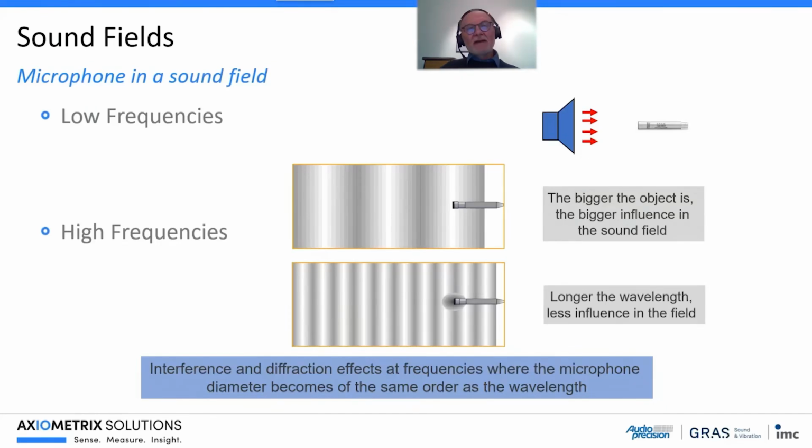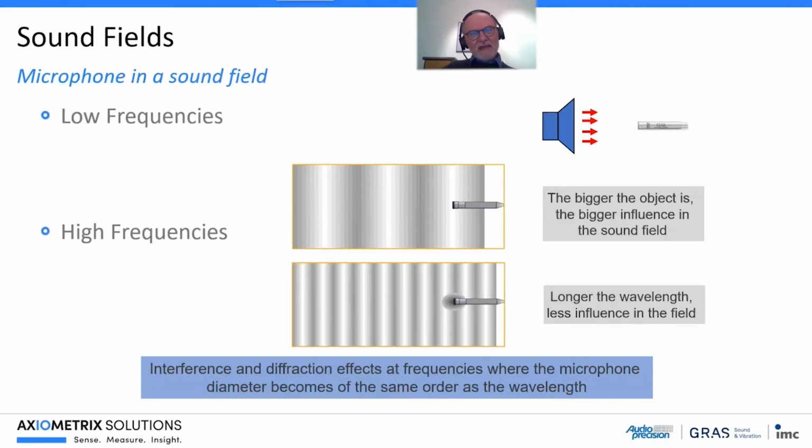A description here. If we look again at a microphone in a sound field, and we are pointing the microphone directly at the sound source, at low frequencies we know that the wavelength of the signal is very, very long.